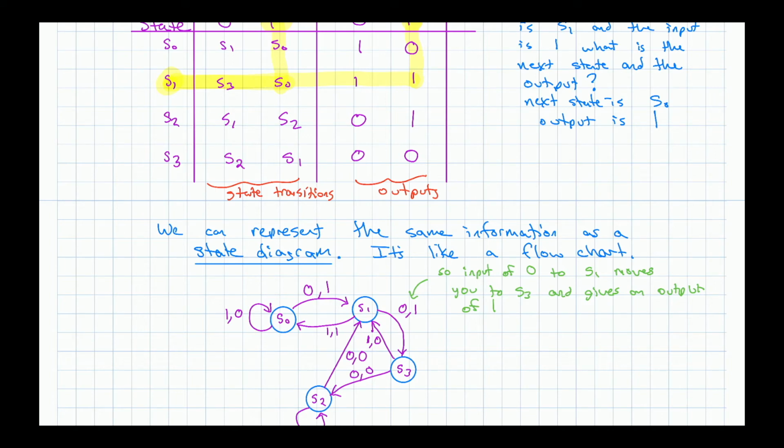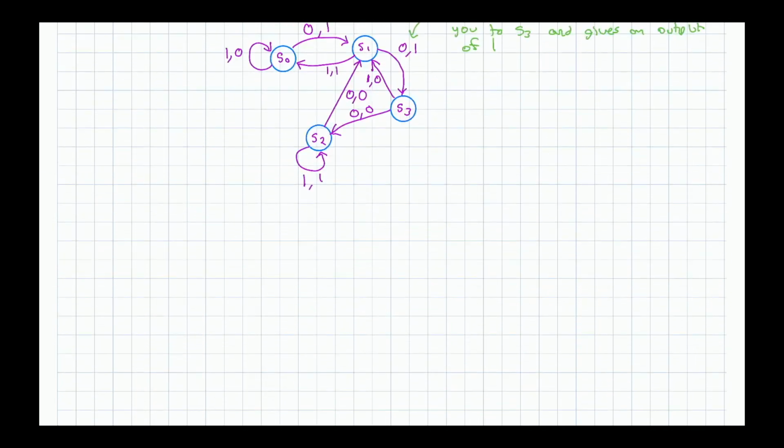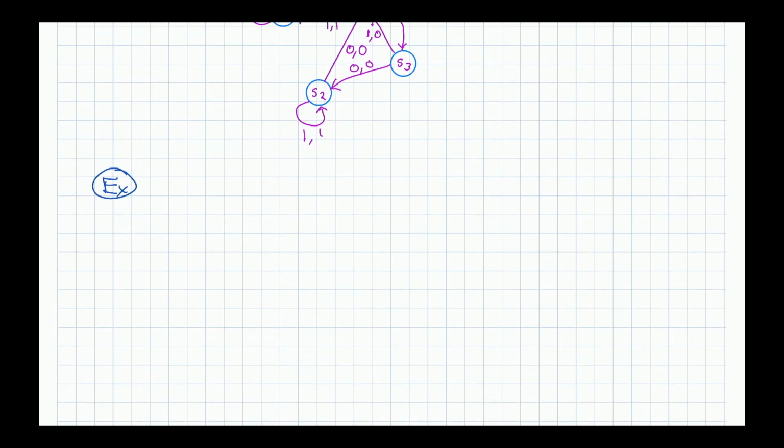So let's see if I can find something else to do here. Maybe we should do a state diagram to a state table. Let's just pick one from the homework. So let's say, okay, I'm not going to draw this as nicely.